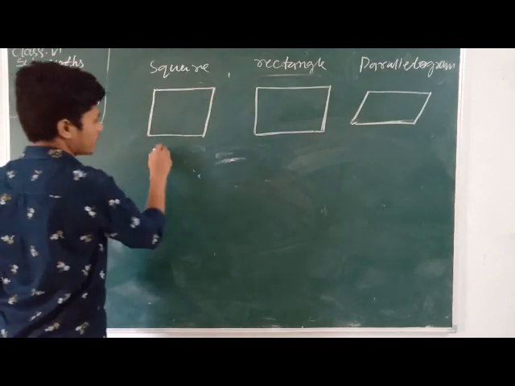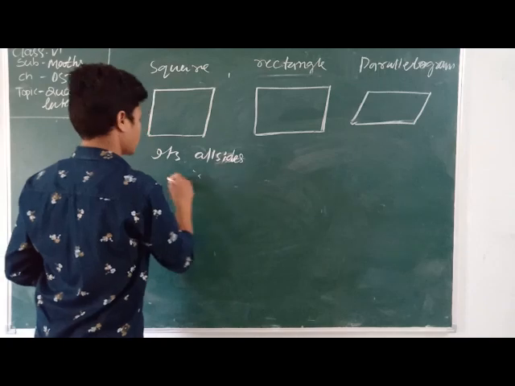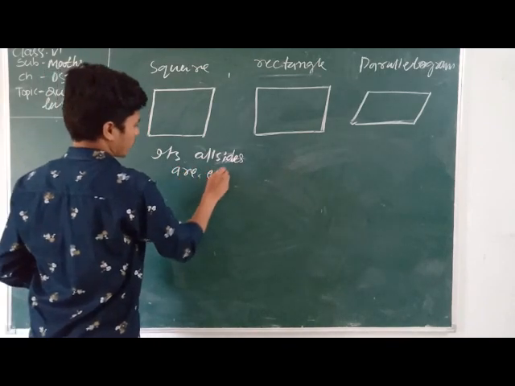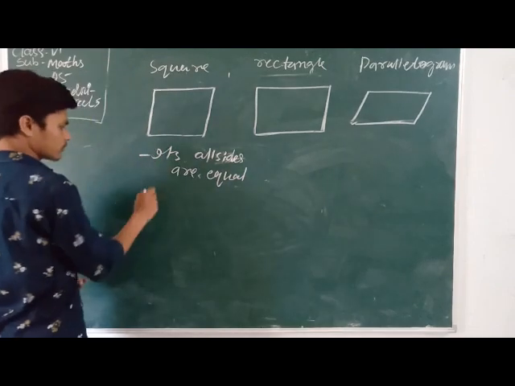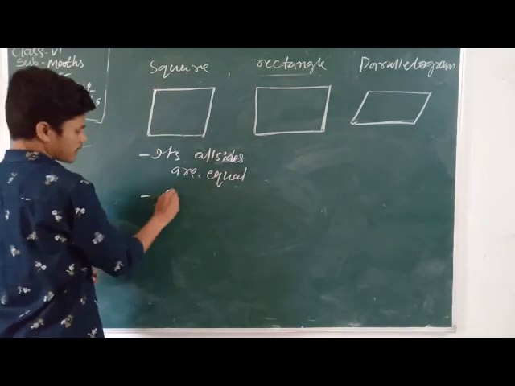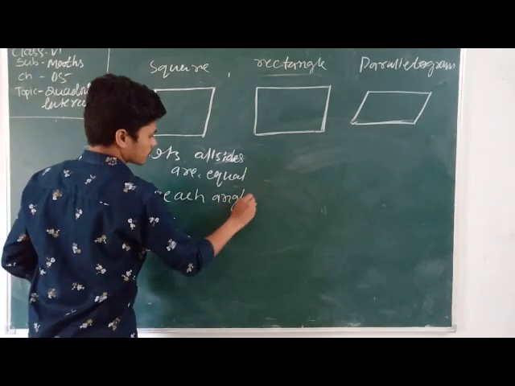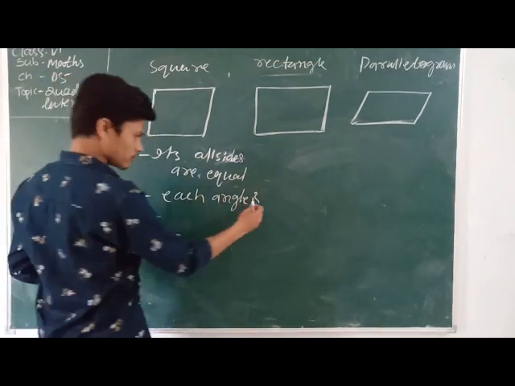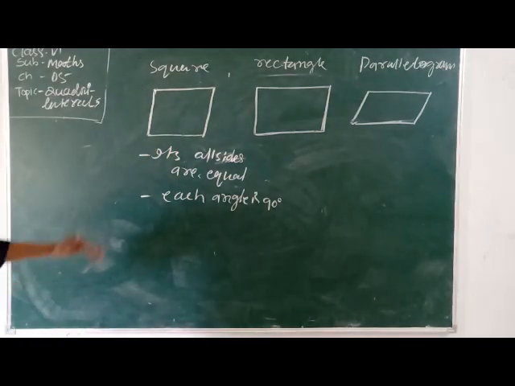Square means what? All sides are equal, and second, each angle is 90 degrees.